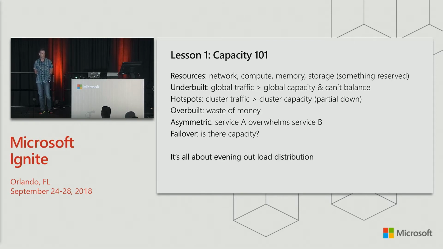That's not a mistake you can keep making. You can be underbuilt, and that's when you run out of capacity and things fail. You can have hot spots in your system, where you have a large system and a piece of it is hot and the rest of it's not, so you have undistributed load, and that's not something you want to end up in. And you can be overbuilt, which is essentially a waste of money.